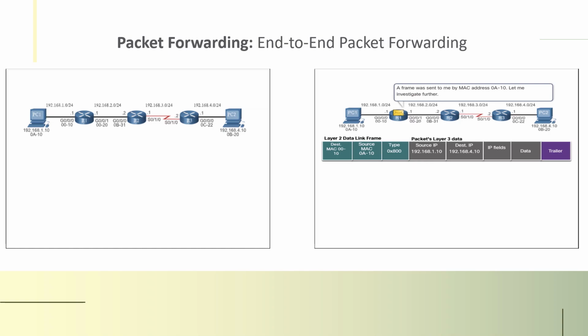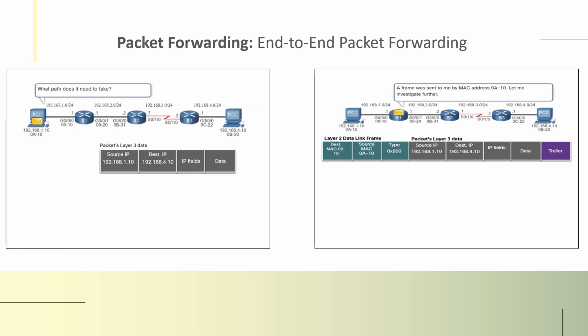Here we will have an example and we will see an animation of how PC1 will send a packet to PC2. You will see that the content and the format of the data link frame change at each hop. At the first hop, PC1 needs to send the packet to PC2. Since PC2 is in a different network, PC1 will forward the packet to its default gateway.